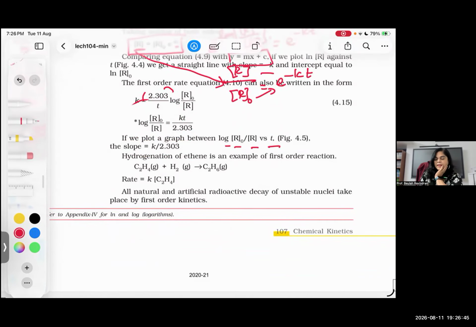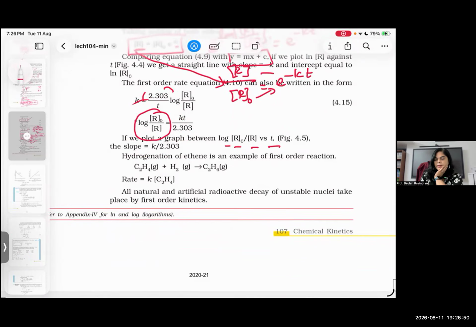Here there is no c, that is, no y intercept. So this is a kind of y, and k by 2.303 is the slope, and t is x. So y versus x, and this is the slope.